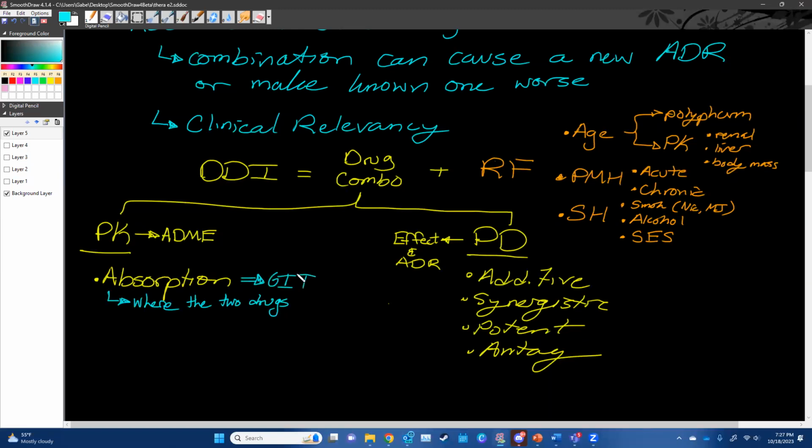Can you have problems of absorption in other places, like a transdermal system? 100%. We do see those issues. But really, the majority of drugs are given orally, so this is where we see the biggest issue.